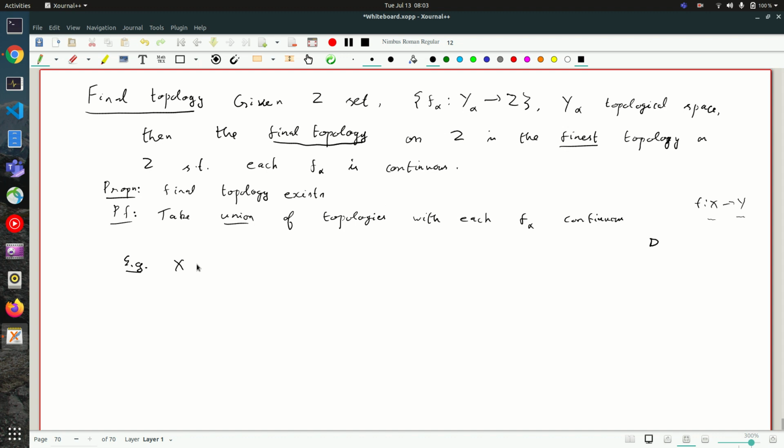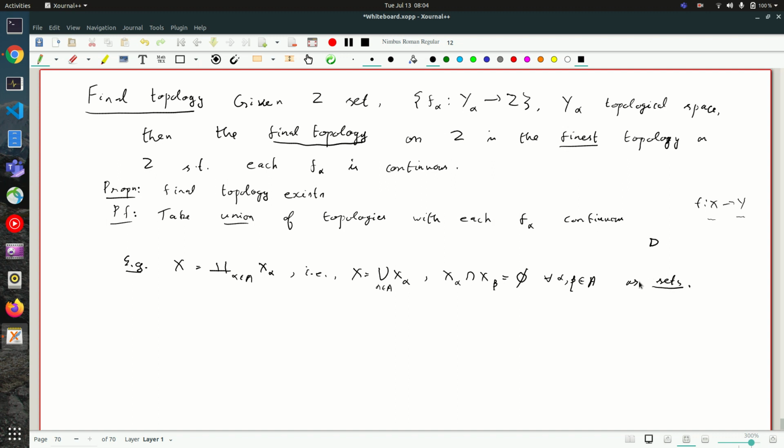Okay, so here is a quick example. Suppose we have X is the disjoint union over alpha in A of X alpha. I'll take a simpler meaning of this: X is the union of X alpha, alpha in A, and X alpha intersection X beta is empty for all alpha, beta in A, and this is as sets.